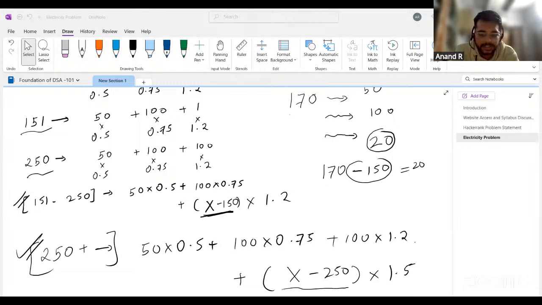It should be x greater than 50, right? Because if it's x greater than 51, for 51, neither the first condition will be true nor the second condition will be true. Do you agree that x should be greater than 50? Yes or no? And the second mistake I have made is x less than or equal to 150. It's a typo, but I made those mistakes.